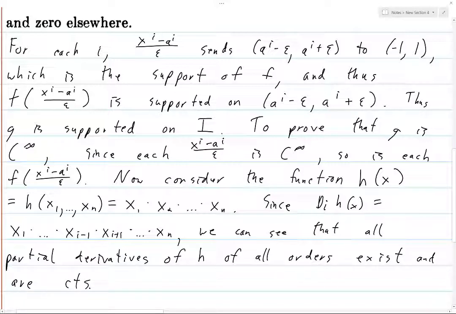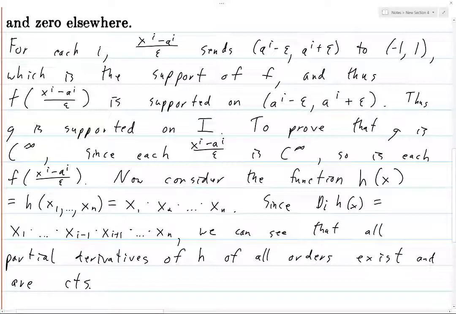Well, every time you take the derivative of h with respect to a particular index, say i, then the term xi is still in there, and you pull it out. So let's say we have this dih here.